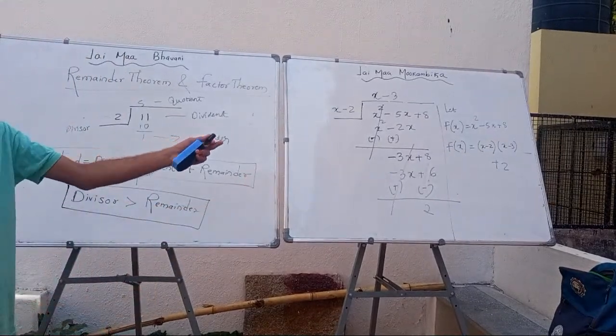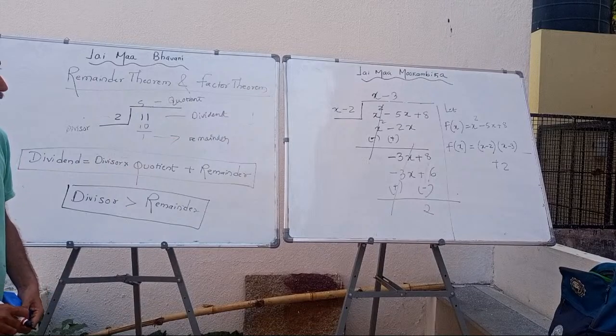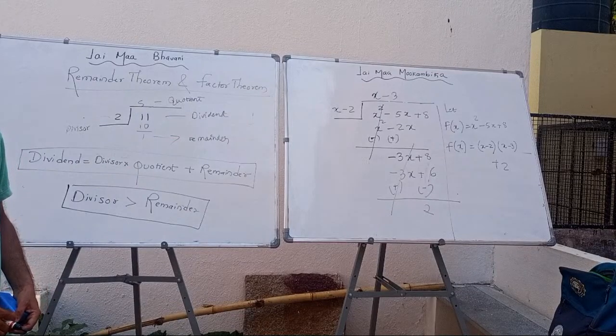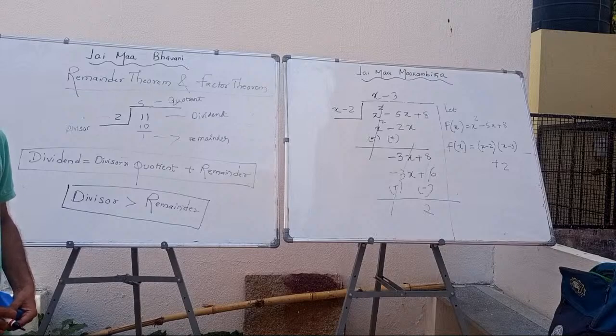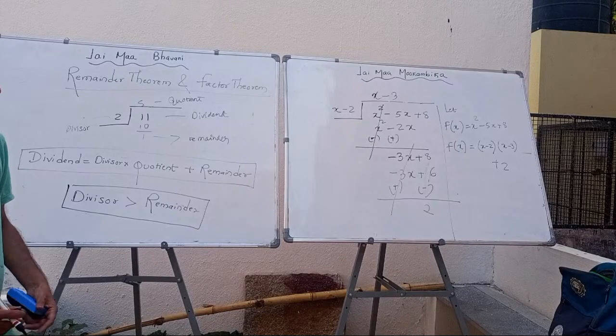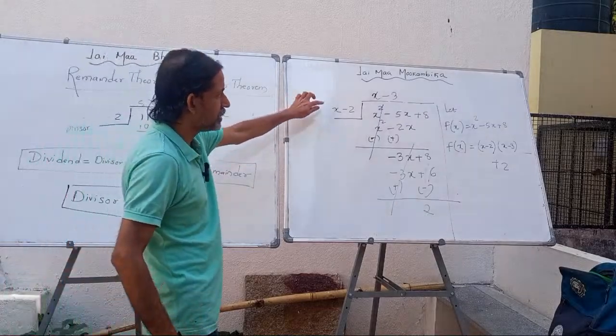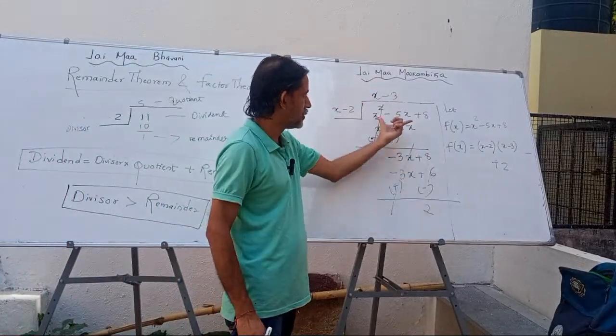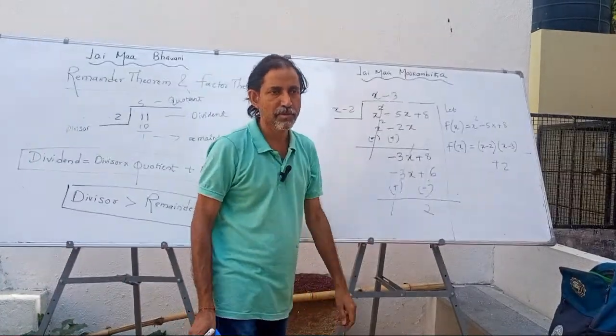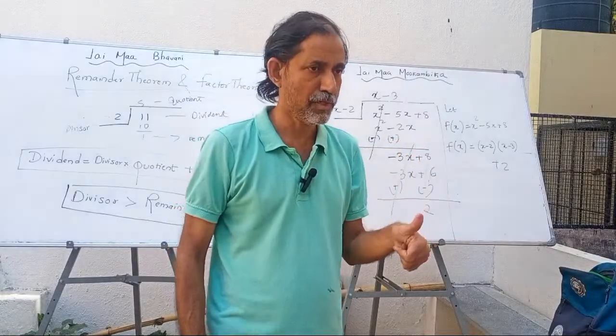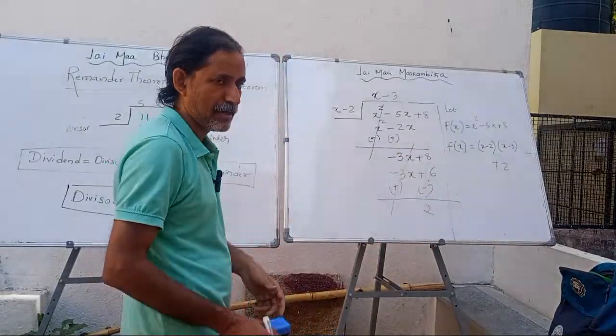In this case, I just put it there. It will take time to understand. There is nothing to understand. This into this plus this is equal to this. You understood?